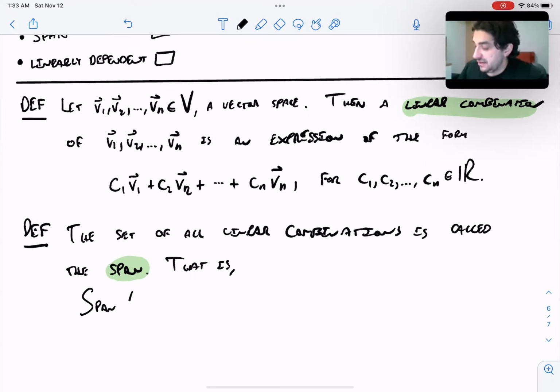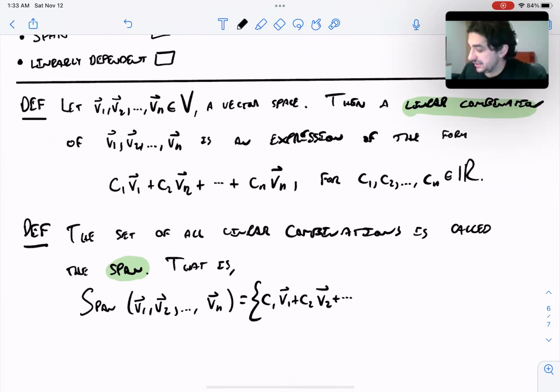span of v1, v2 up to vn, the same v's as in the previous definition, would be what? It's the set of all expressions of the form c1 v1 plus c2 v2 plus up to cn vn, where the c's are all real numbers.